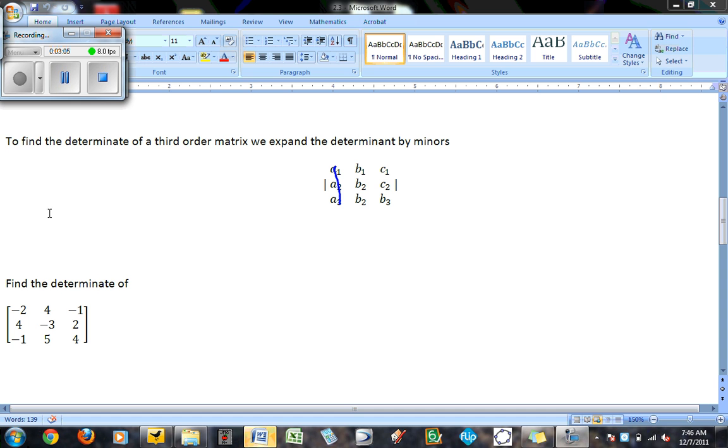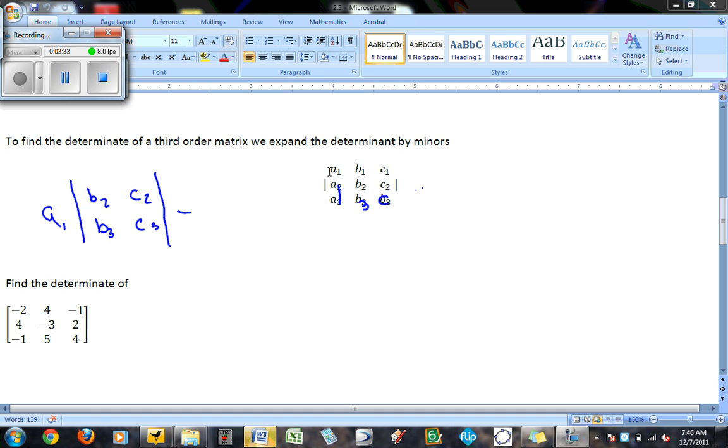So it's going to be A1 times the determinant of, let's cross out A1's column and row, B2, C2. That should be, sorry, B3, C3. Those are written wrong. This should be B3 and this should be C3. My bad.